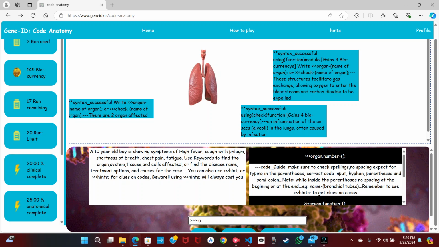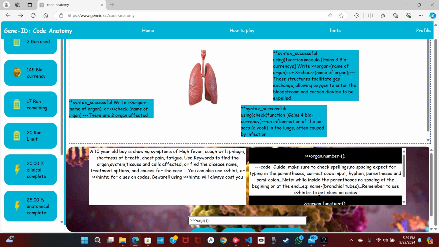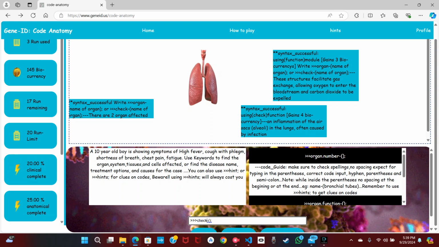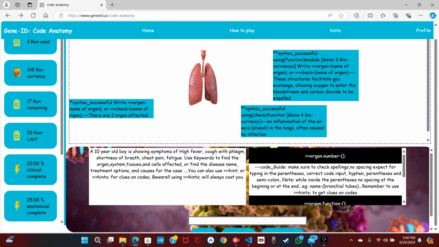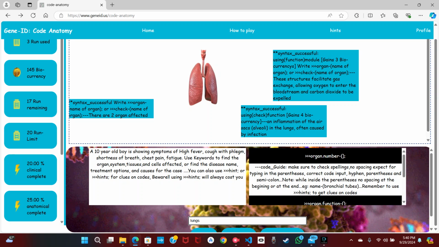Okay, my screen is glitching here. All right, now let's do organ, or if you don't want to type organ, you could type check and see if it works the same way. Or you could just go off of what is here and type alveoli or lungs, and it's still going to work the same way.